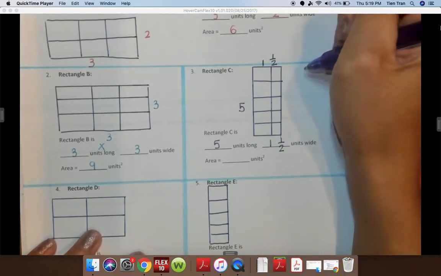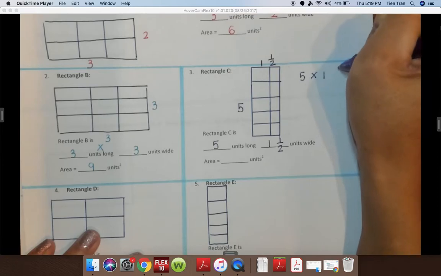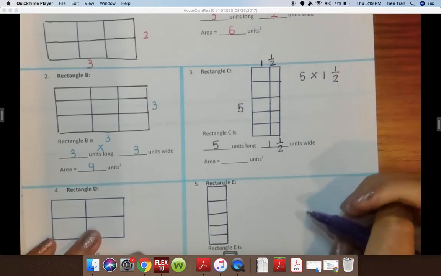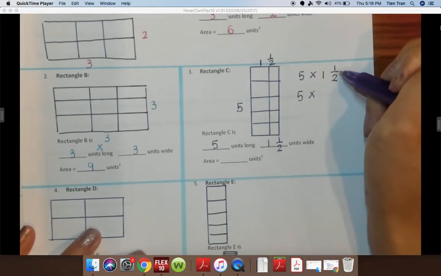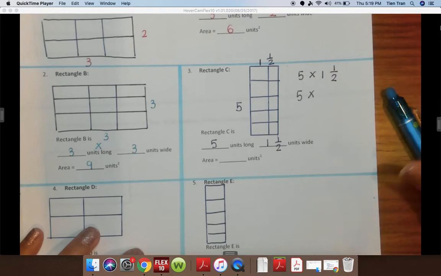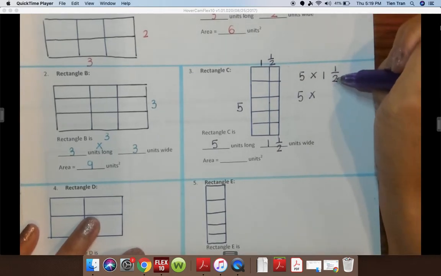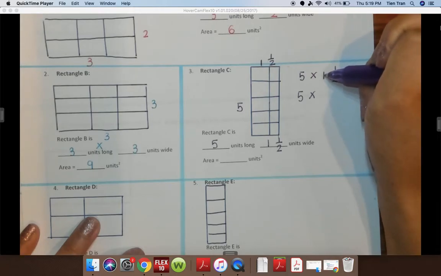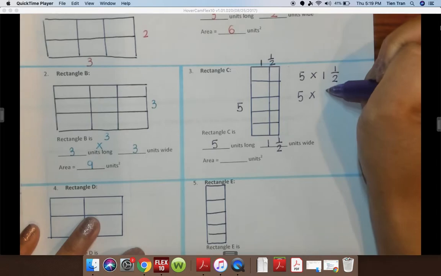So I'm going to multiply. I have 5 times 1 and 1 half. Okay? So I'm going to write 5 times and change this mixed number into an improper fraction so that I can multiply straight across. So 2 times 1 is equal to 2, and 2 plus 1 is equal to 3.